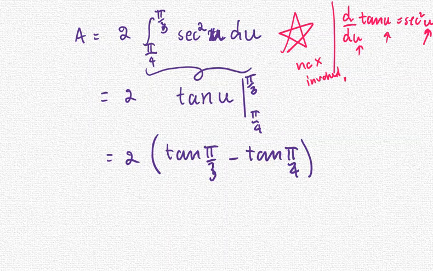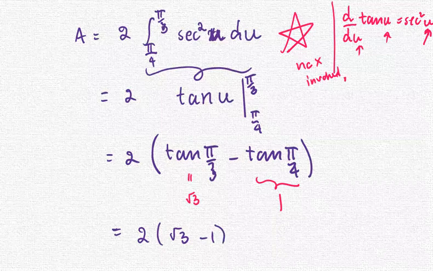Now we can calculate the tangent of pi over 4, which is a tangent of 45 degrees, is 1. The tangent of pi over 3, or the tangent of 60 degrees, is square root 3. Okay, now the answer is 2 times square root 3 minus 1 as the exact solution.